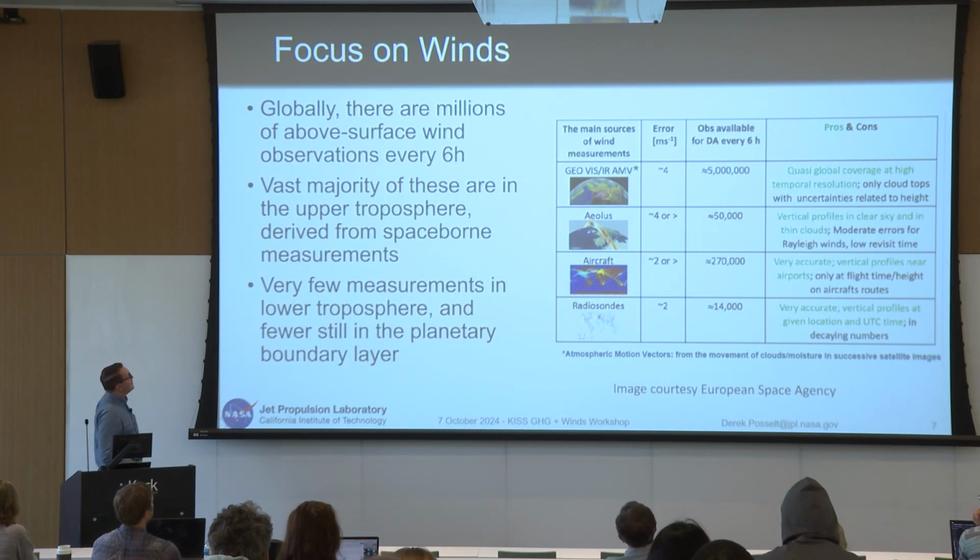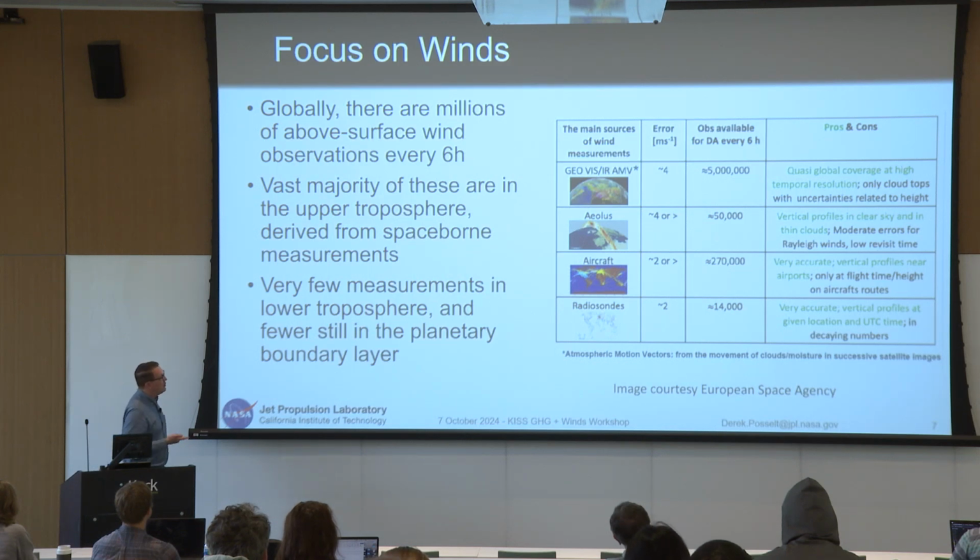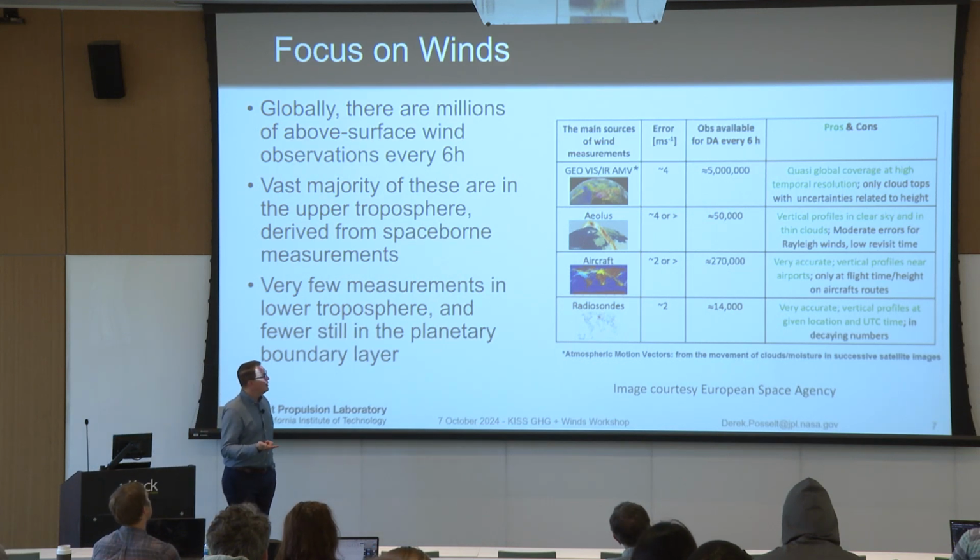So the bottom line is that globally, there are millions of above-surface wind observations that you get about every 6 hours. So in the top there, and I'll get to how this works in the next few slides, we have information from satellite where you infer what the winds are by looking at time sequences of images.